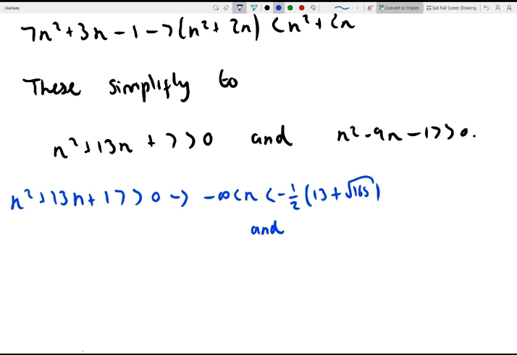And n wants to be greater than a half times minus 13 plus root of 165, but less than infinity.